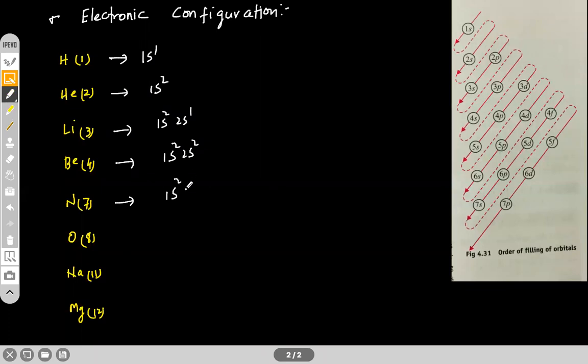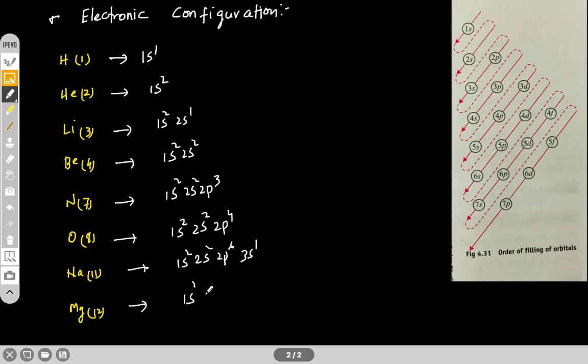It is 1s2, 2s2, 2p3, 1s2, 2s2, 2p4, 1s2, 2s2, 2p6, 1s2, 2s2, 2p6, and 3s1. Then 1s2, 2s2, 2p6, 3s2. This is the configuration we had discussed.